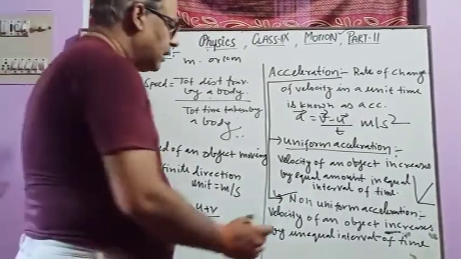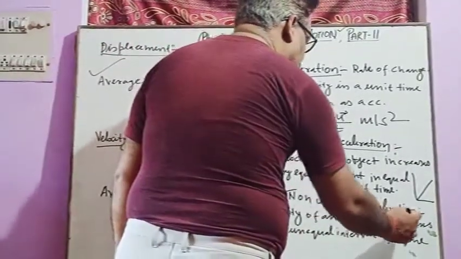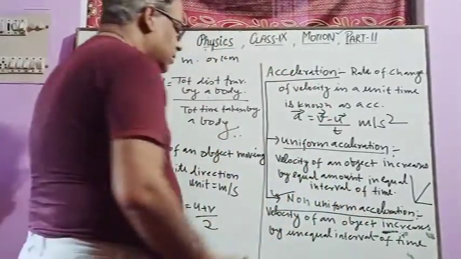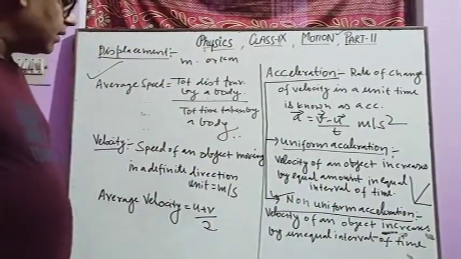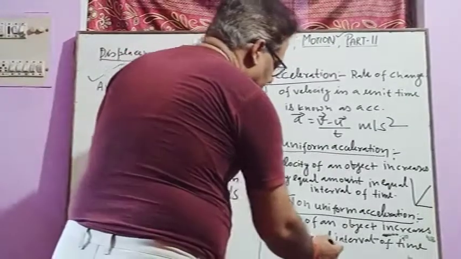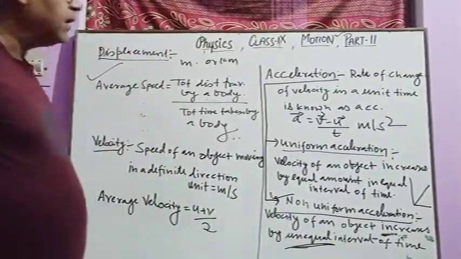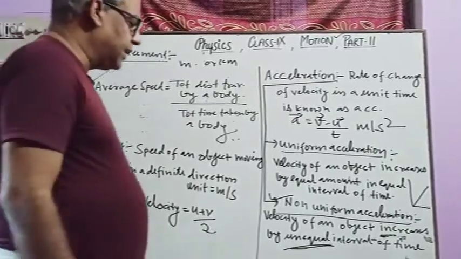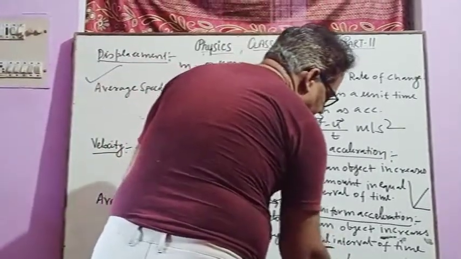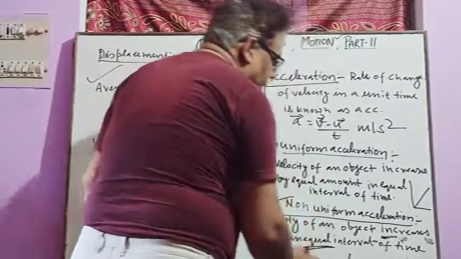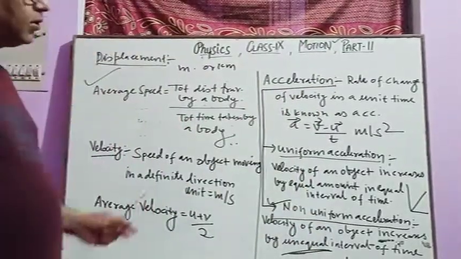Now non-uniform acceleration: the velocity of an object increases by unequal amounts in unequal intervals of time. Everything is the same, only unequal intervals of time, then it is known as non-uniform acceleration. If we plot this graph, it looks like this way, because it slightly increases or decreases, then it is called non-uniform.